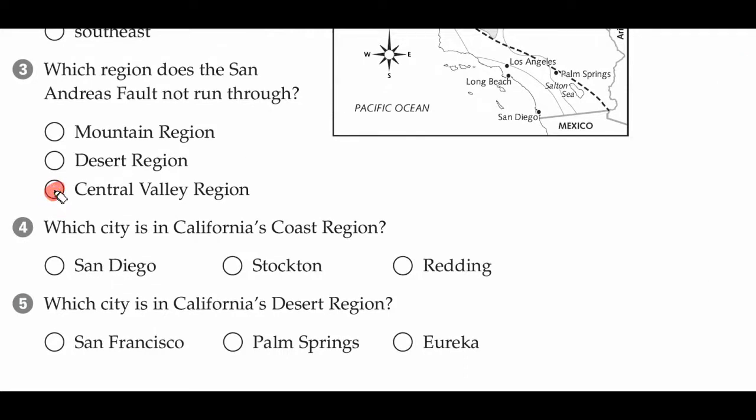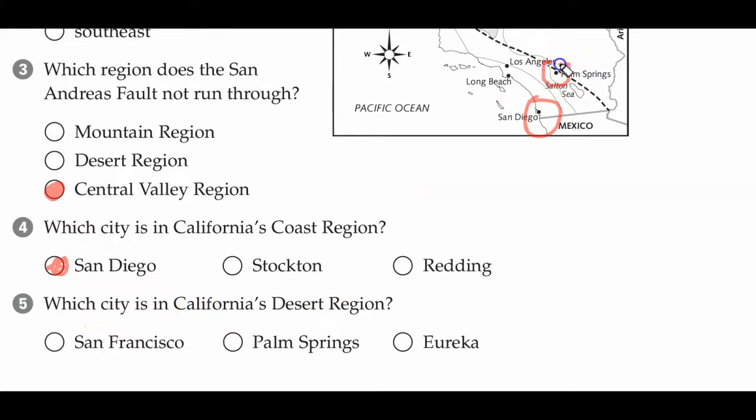Okay. Which city is in California's coastal region? San Diego, look, because it's right here. It's right against the coast. Then it says, which city is in California's desert region?